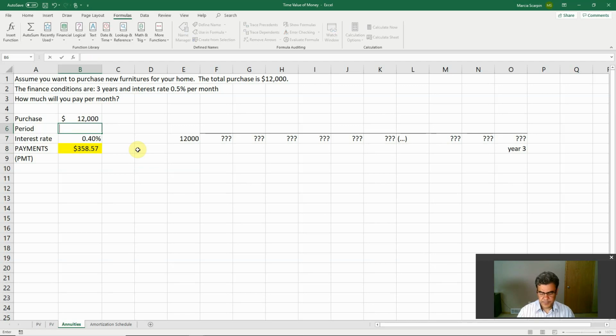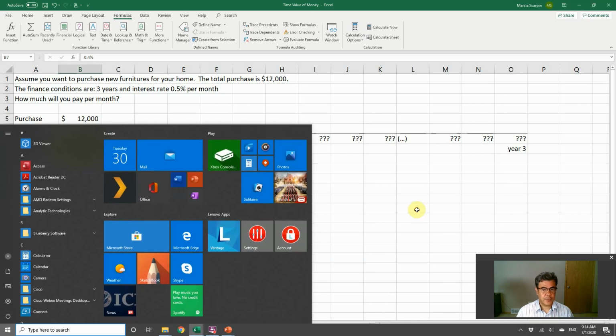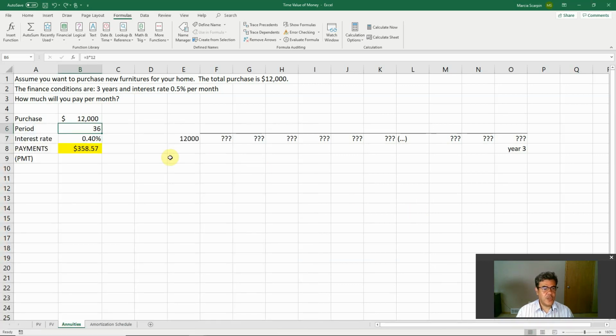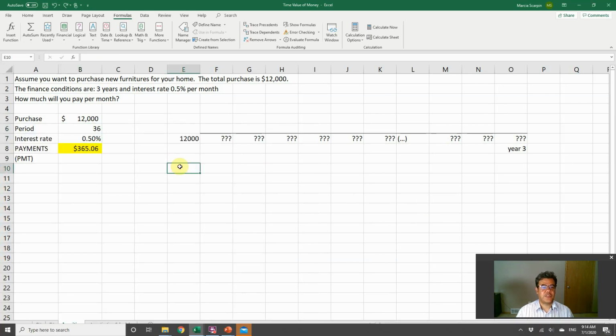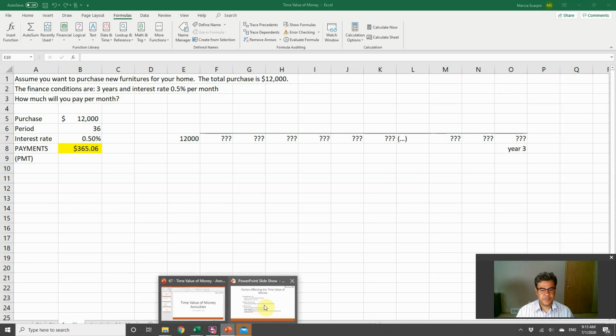So 5 times 12, 60 months, then we will pay 225. So we can create a lot of simulations over there. Okay. So here, what do we have is 365.